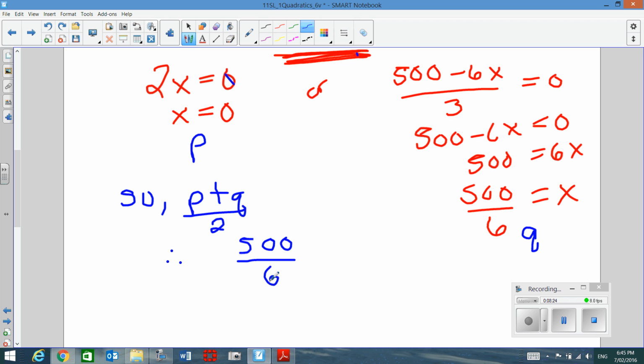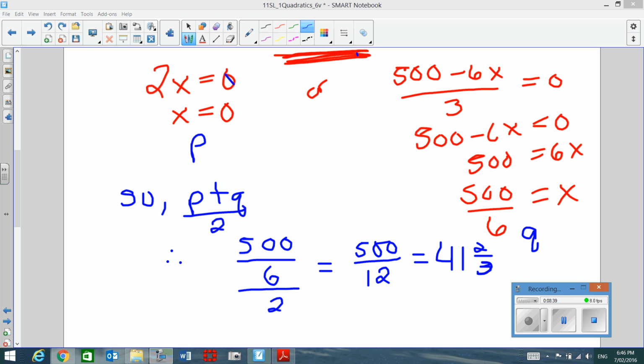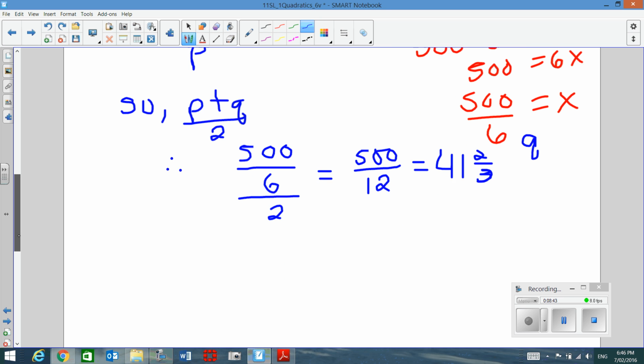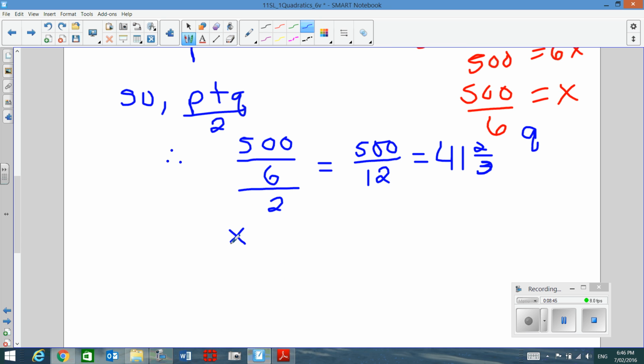So if I divide this by 2, though, all right, that's not a proper way. We want to rewrite that. It's really going to be 500 divided by 12, okay? And that winds up being 41 2/3.